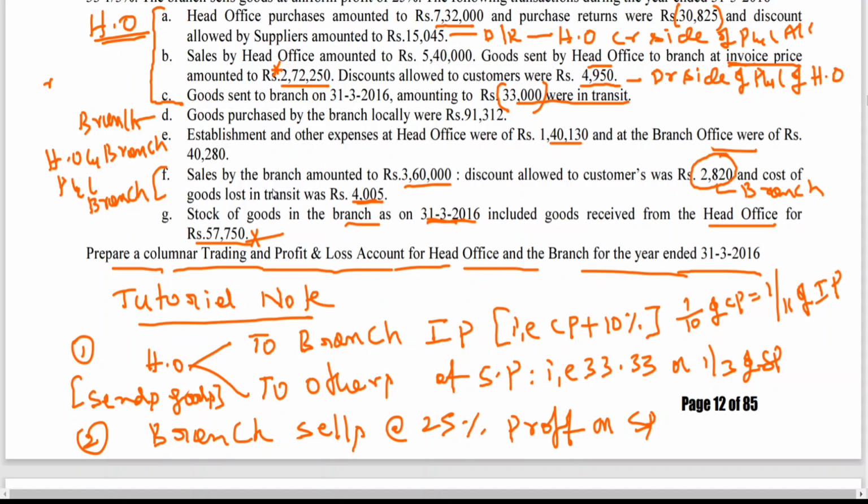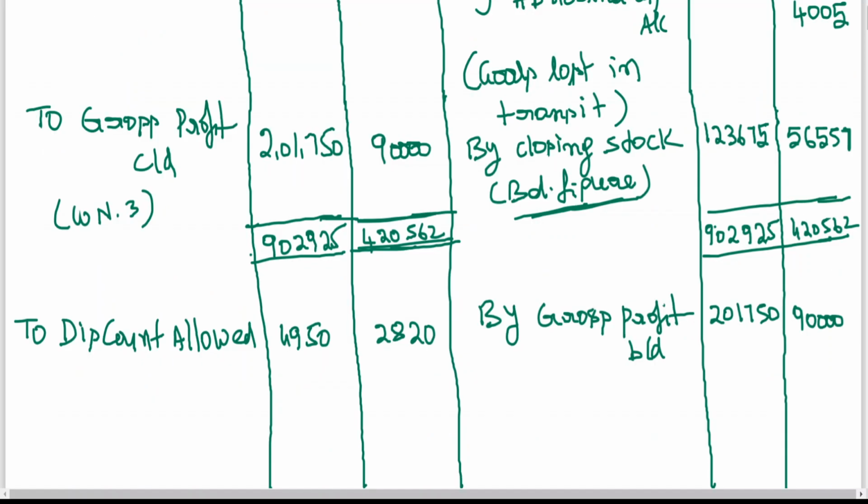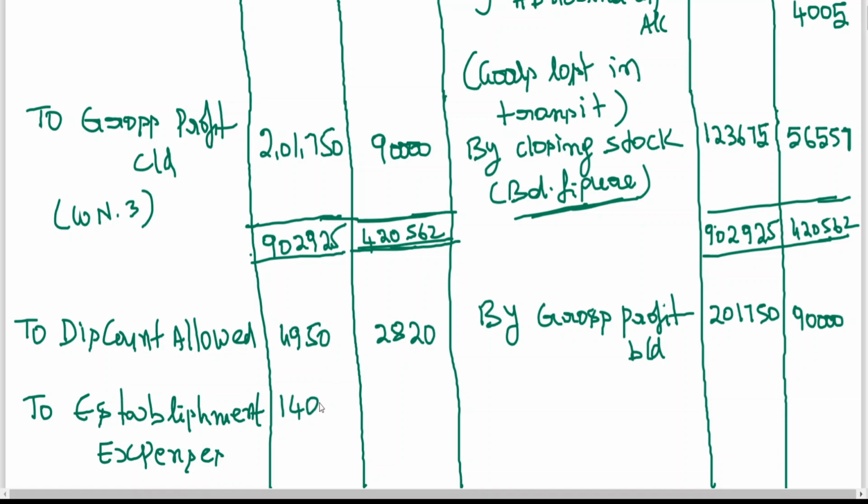These two will be taken to respective columns: 1,40,130 and 40,280.